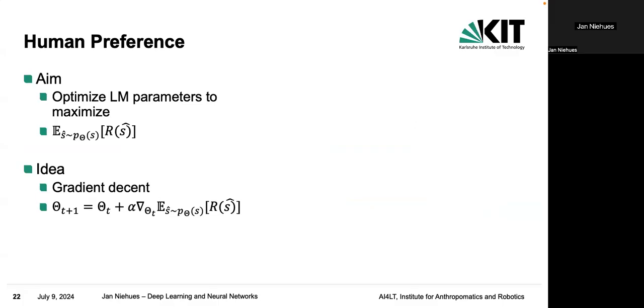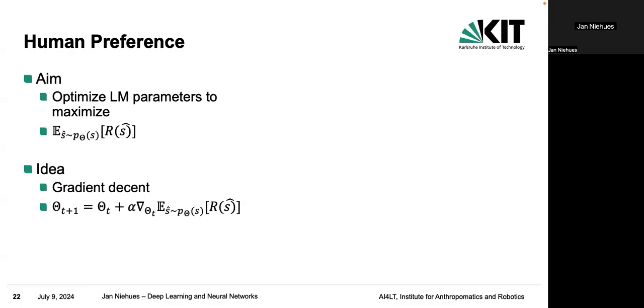So the idea is we want to optimize the expected reward of the model. You want to change the parameters in a way that the expected reward is maximized, that is, the sum over all possible answers of the probability of the answer times the reward, so that on average we get a very good reward. The nice thing is, if you formulate it this way, that works directly.